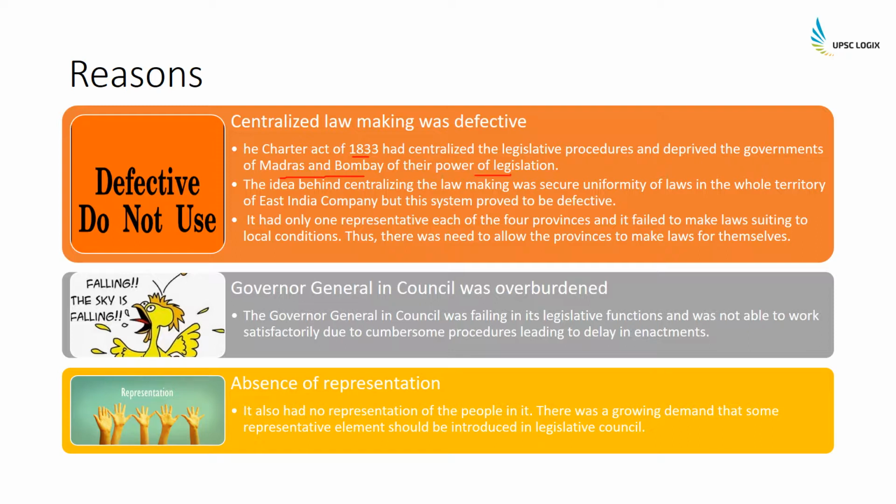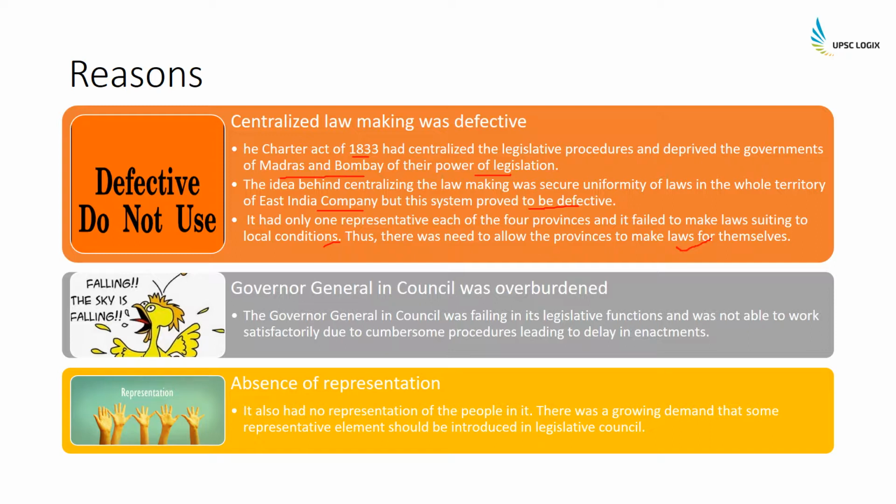The whole idea behind centralization was to secure one law for all the territory of the East India Company, but the system was proving to be defective. Since there was only one representative each of the four provinces, it failed to make laws that suited the local conditions, and thus the provinces should be allowed to make their own laws.